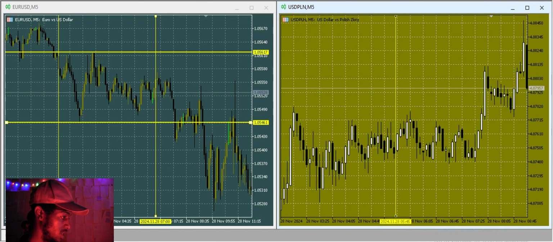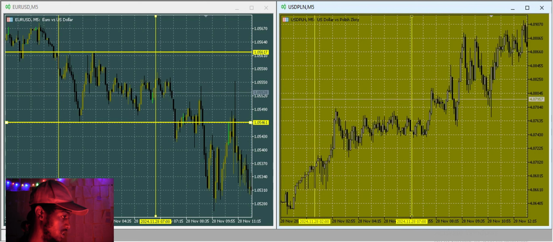And that would also be from 2 a.m. till around 7 a.m. And from there, you'd also just need to get the high and the low. And that right there would be your Asian range.